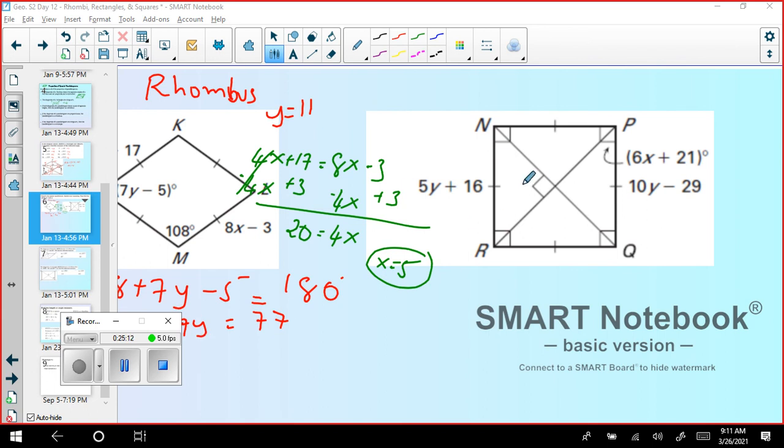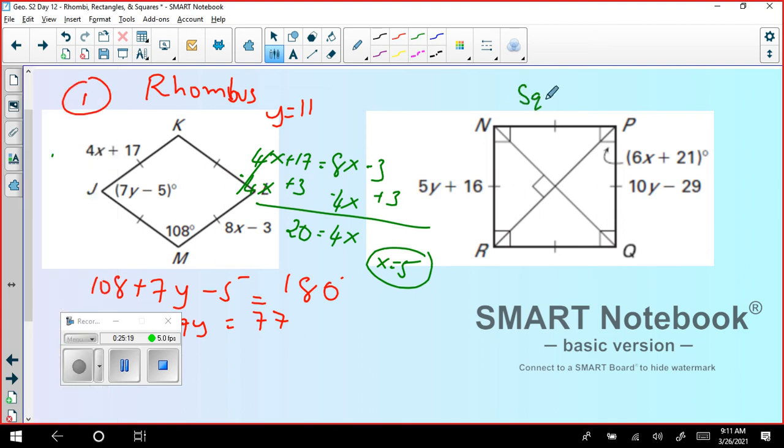First of all, they have given us it's equilateral and equiangular, so this is a square. We can easily conclude that it's a square. Then next, we can say that 5y plus 16 is 10y minus 29 because the sides are equal. So subtract 5y and add 29.